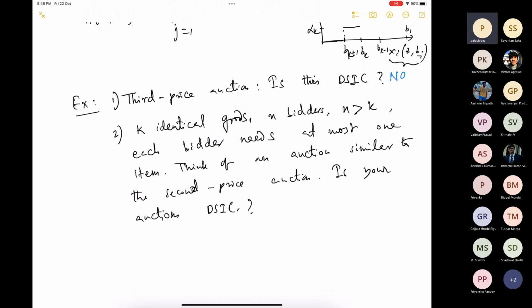That will be a direct way, but there is a very straightforward way also from Myerson's lemma. Can someone try to prove this from Myerson's lemma? I claim that this follows as a corollary from Myerson's lemma that the third price auction is not DSIC.